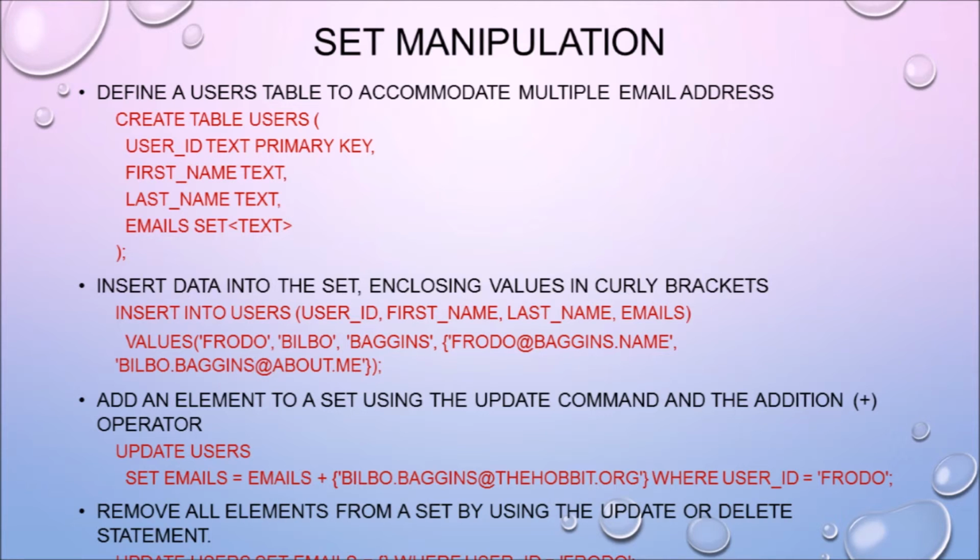Yeah? Did you have a set of sets or a set of maps? No. You cannot have a collection within another collection. That is not allowed. You only use one of these, but you can have a user-defined type. I'm going to get to that in a bit.